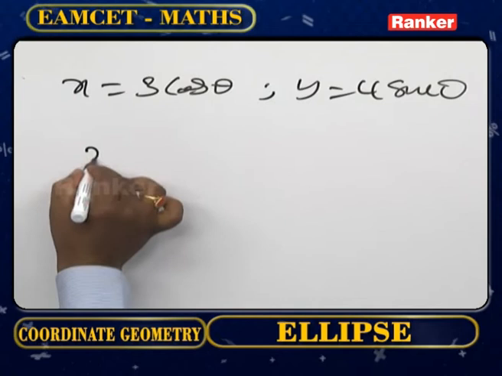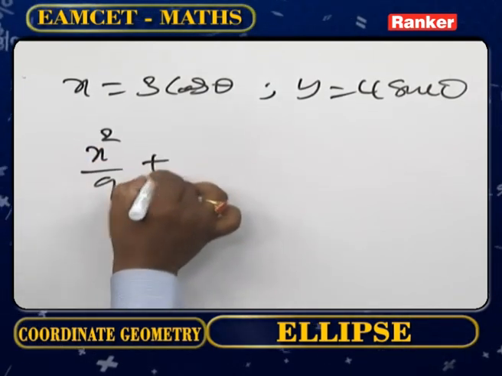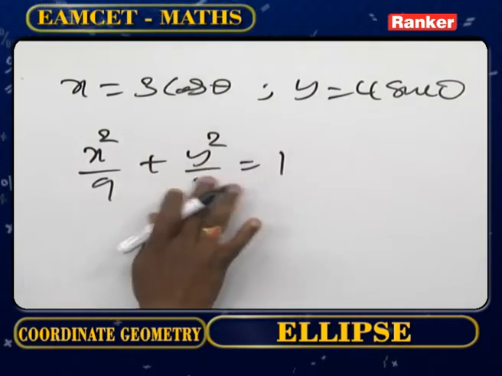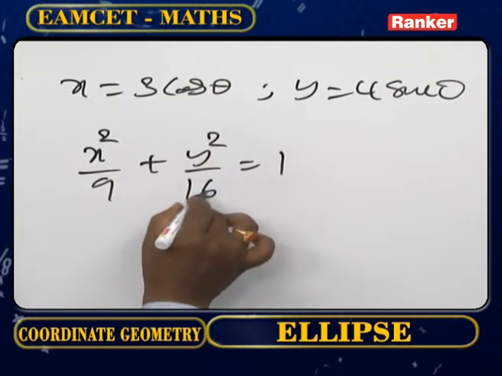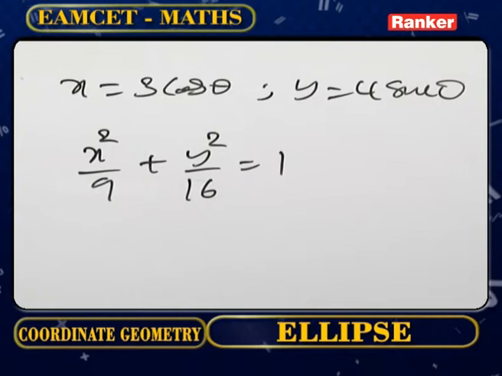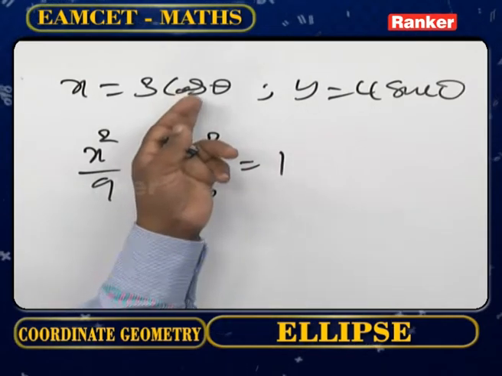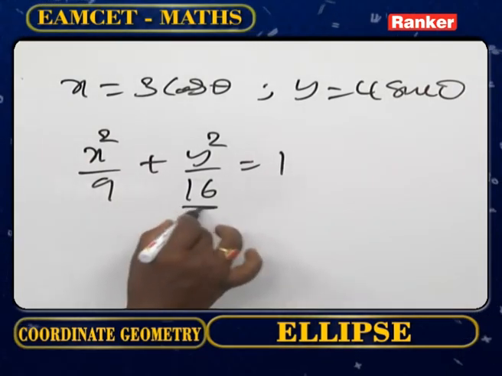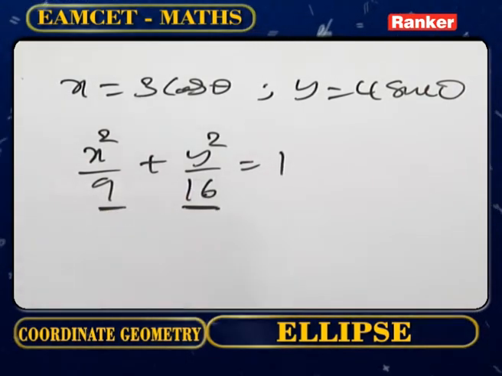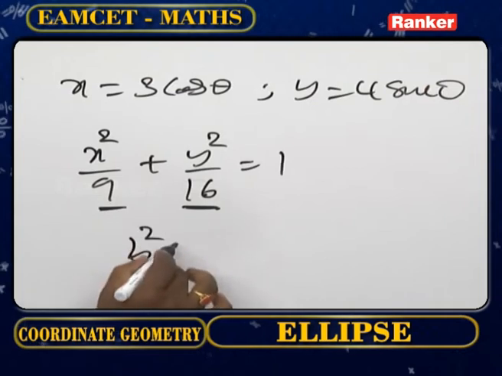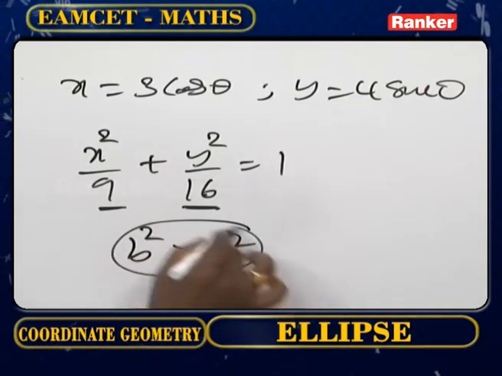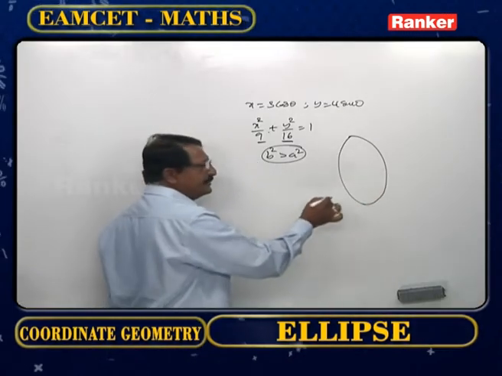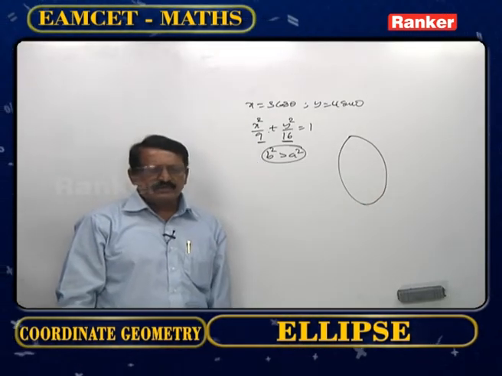We get x square by 9 plus y square by 16 equals 1, which is the ellipse equation after eliminating theta from the two given equations. Now in this, b square equals 16 and a square equals 9, but b square is greater than a square. In that case the ellipse is a vertical ellipse.